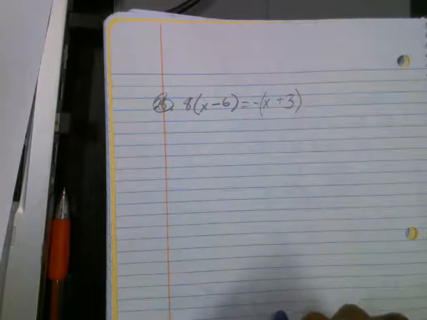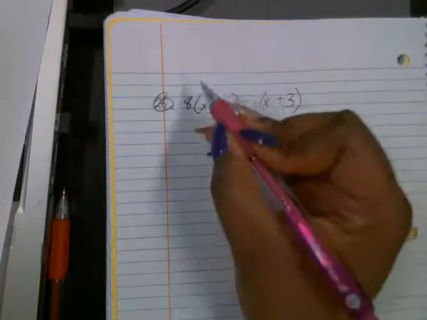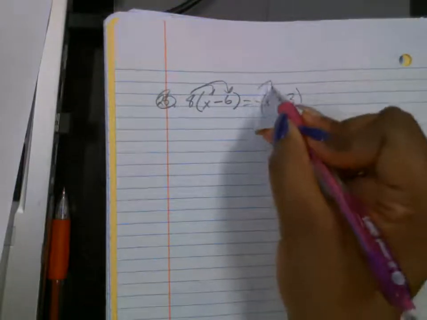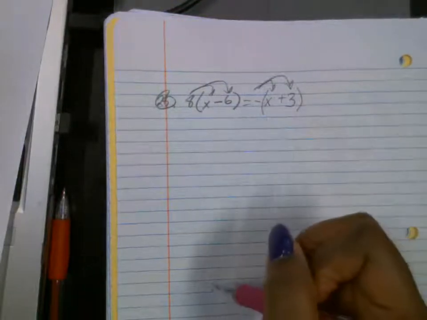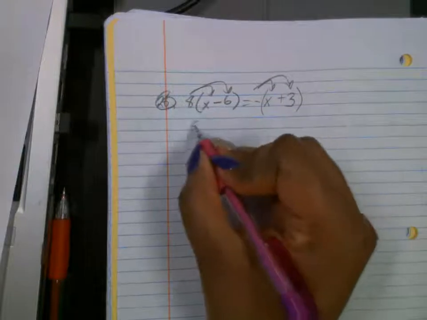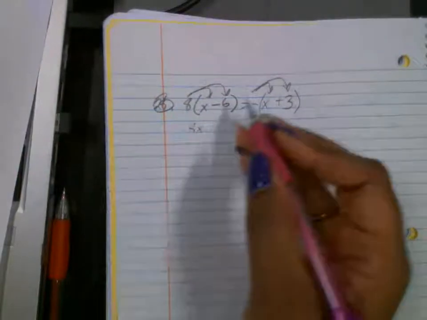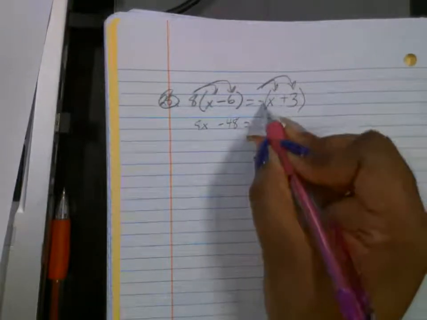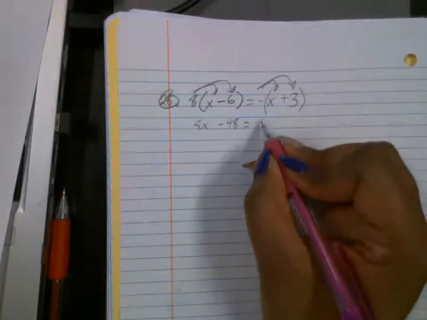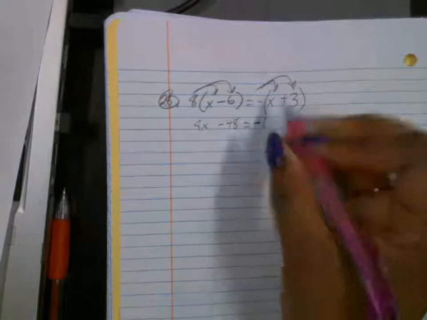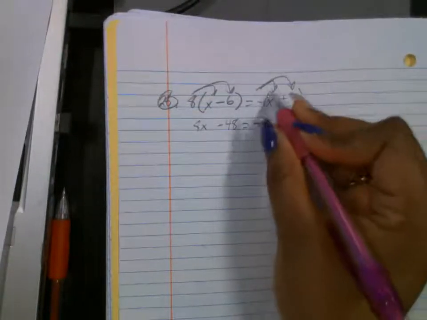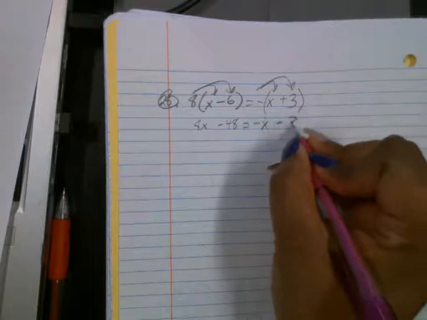Distributive property goes first. We're going to multiply 8 times both numbers in the parentheses and a negative times both numbers in the parentheses. 8 times x is 8x. 8 times a negative 6 is negative 48. Negative times a positive 1 is negative 1x, or I'm going to just put negative x, okay? We know it's there. This is going to make this negative 3.